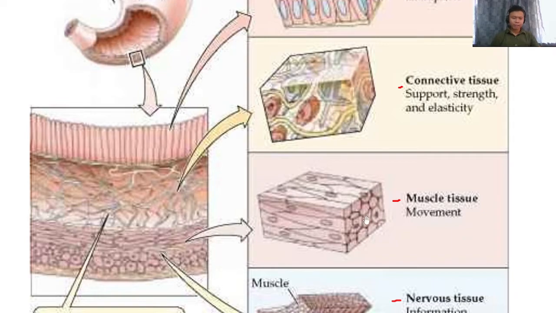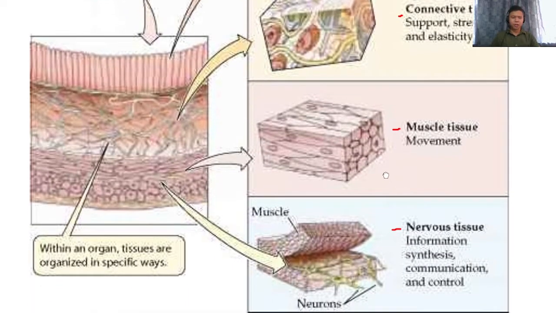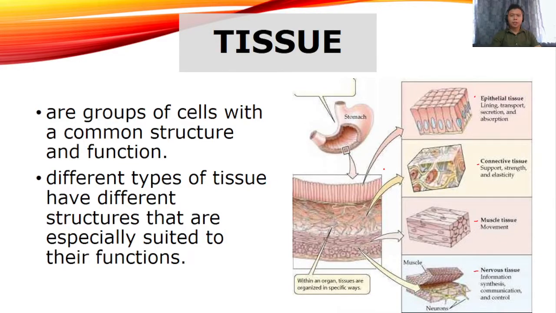Moving forward, we have the nervous tissue, which dictates everything, sending information to that organ, allowing it to perform a specific function, which controls the entirety of our body. So, tissues in general are groups of cells that are the same, wherein they also function the same.